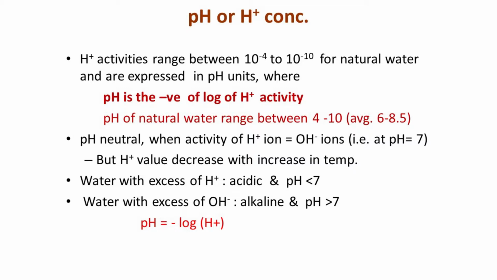So water with excess of hydrogen ions is acidic in nature and has pH less than 7. And the water with excess of hydroxyl ions is alkaline in nature and has pH more than 7. So we can represent pH as pH is equal to minus log of hydrogen ion.